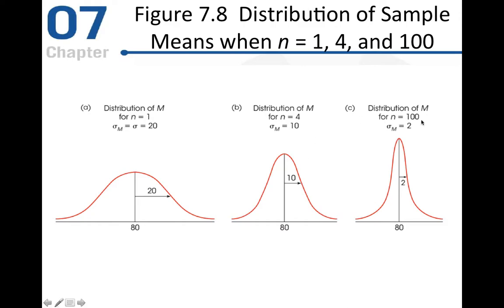And then when we increase our sample size to 100 and continue to resample, the standard error is quite small. And so you would expect with an n of 100 that the sample mean will be pretty representative, pretty near the mean of the population.